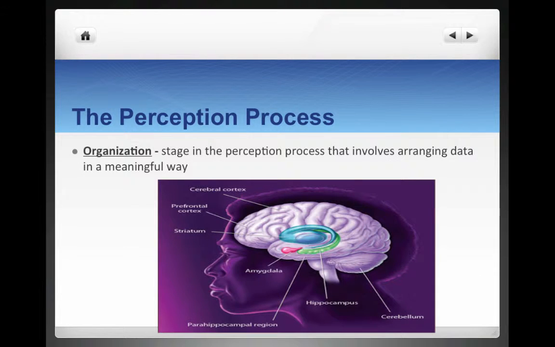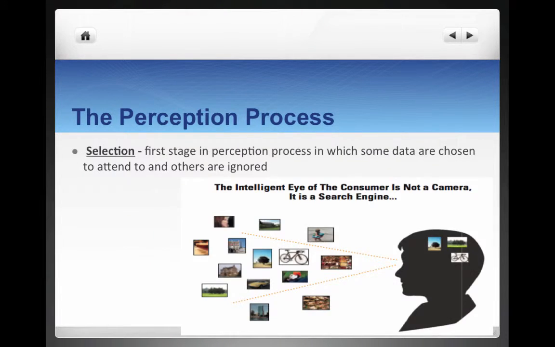There are other factors that influence our selection process. Some of the factors include motivation. For example, if people of the opposite sex are attracted to each other, we pay attention to their looks, appearance, and their clothing.